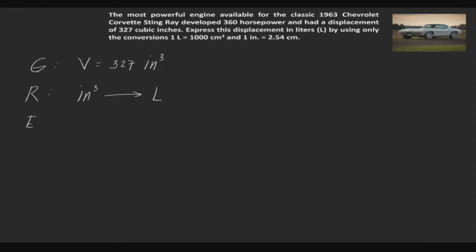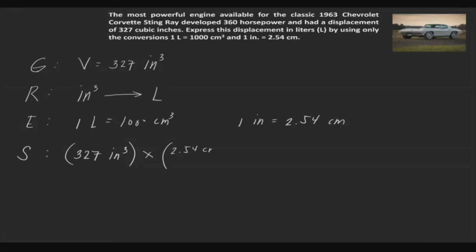Our conversion factors: 1 liter is equal to 1000 cubic centimeters and 1 inch is equal to 2.54 centimeters. We plug in our conversion factors: 327 cubic inches multiplied with the conversion factor, inches to centimeters. We have 2.54 centimeters for every 1 inch. We raise this quantity to the cube or to the power of 3 in order for us to cancel out the unit for cubic inches.